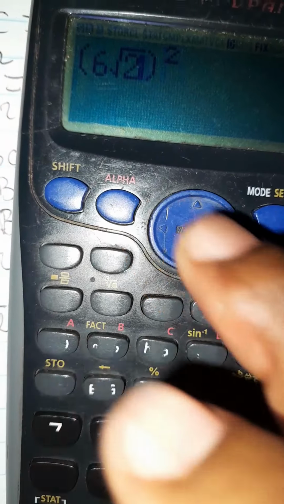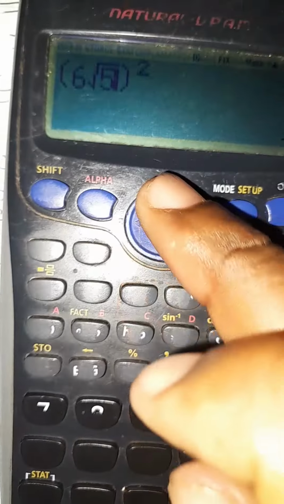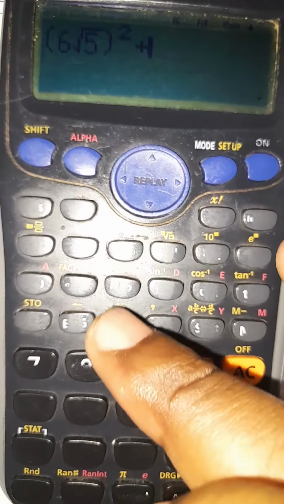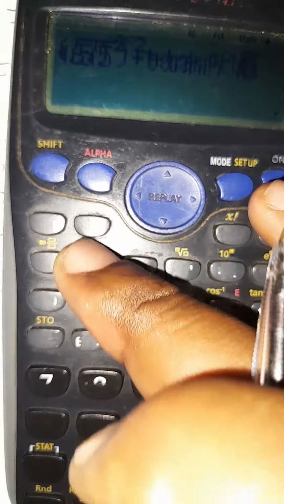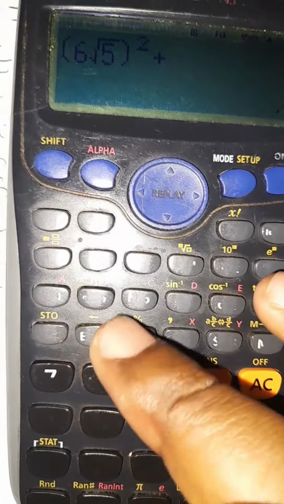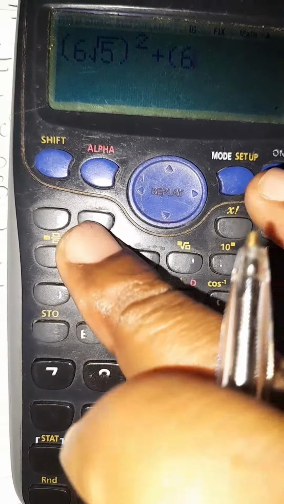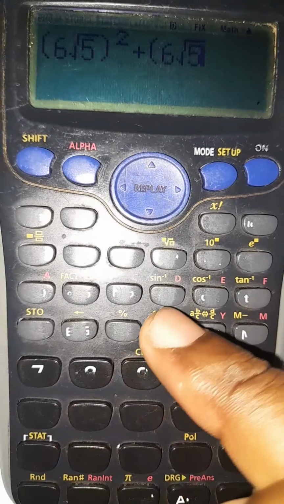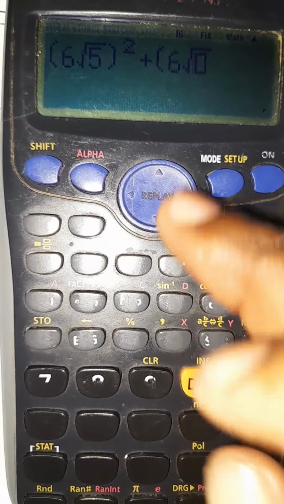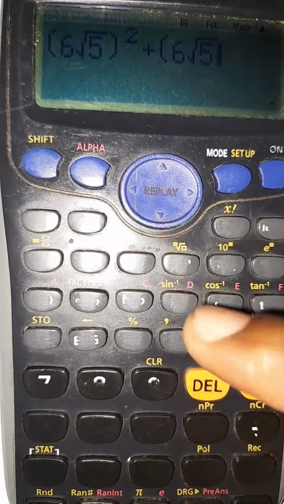Then let's put 6 root 5 squared plus, open the bracket, 6 root 5, squared, no, what am I doing? Calculation mistakes.